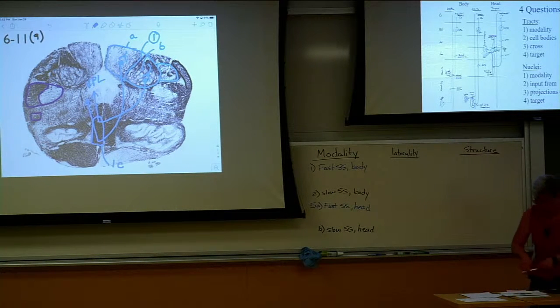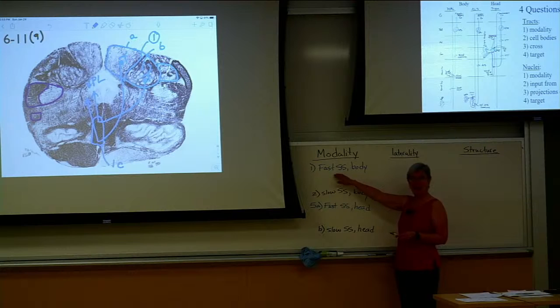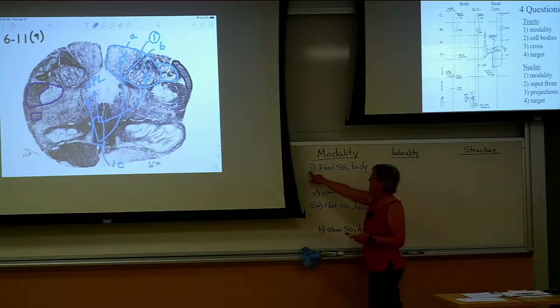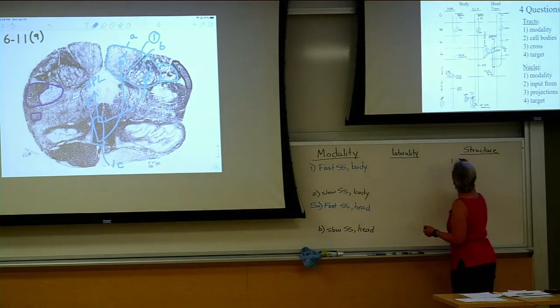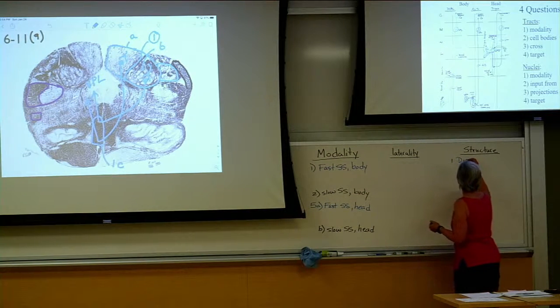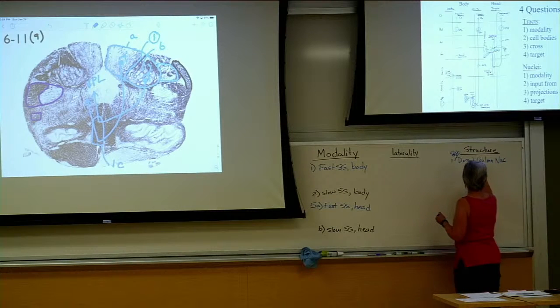All right, so let's get some of these things written down for you. So we're covering fast somatosensory information from the body, so that is all of the ones up there. We have our dorsal or posterior, same thing, column nuclei, specifically nucleus gracilis and nucleus cuneatus.